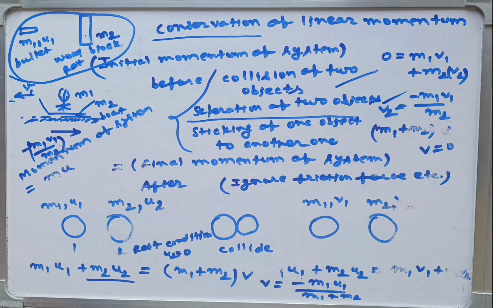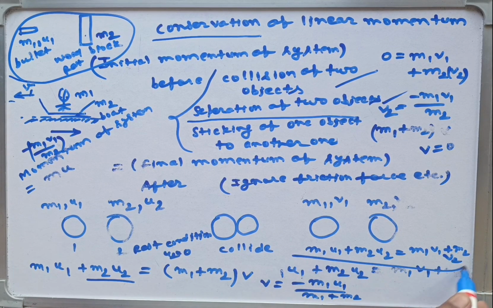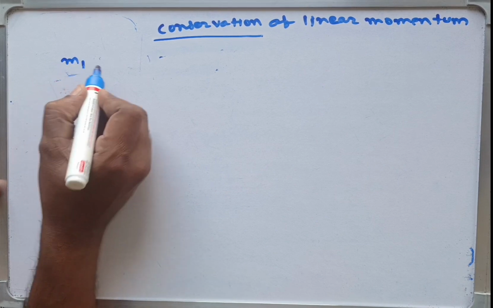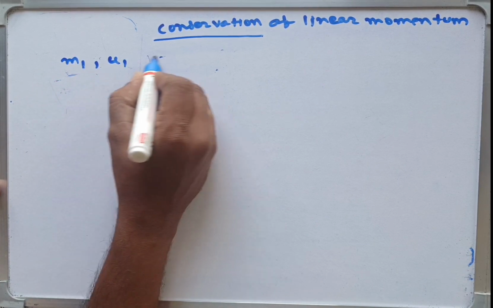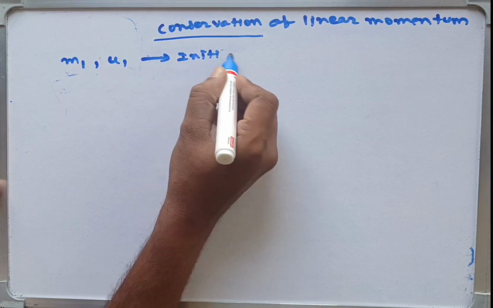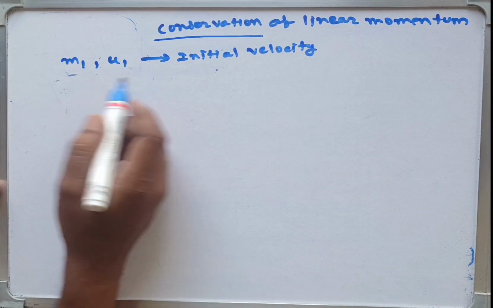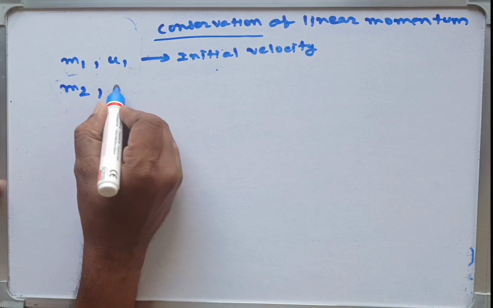Now, how can we apply the third law, action and reaction, for deriving this equation? Suppose a ball whose mass is m1 is moving with initial velocity u1. The mass of the second ball is m2, with initial velocity u2.